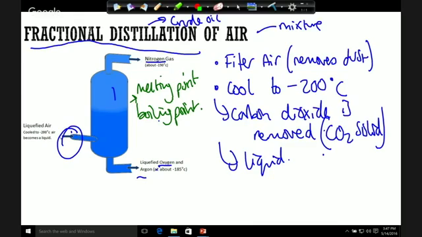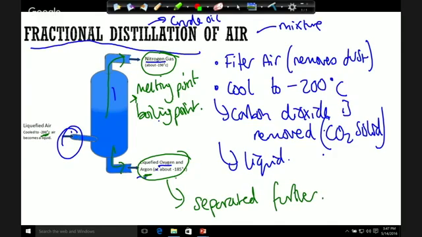So the liquefied air goes in here once it's cooled down to minus 200 degrees, and the nitrogen comes out the top as a gas, and below we still have liquefied oxygen and argon that comes out of the liquid. So this needs to be separated further in a separate process.